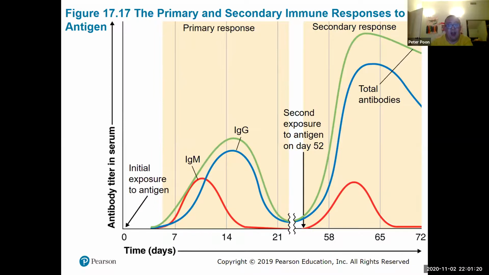And the other thing that you notice is that there's not much of an IgM response. It's been switched to IgG. That's why IgG is the major immune thing. IgM only works temporarily, so IgG spits out a huge response.